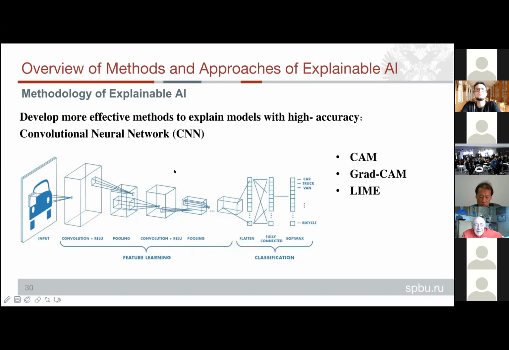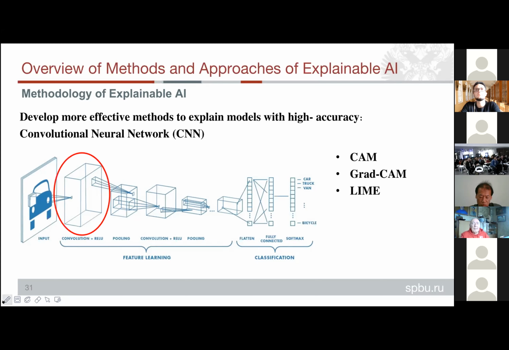Next is developing more effective methods to explain models with high accuracy. Neural networks are important to the development of artificial intelligence. Convolutional neural networks are widely used in various fields with extremely high accuracy. So it is necessary to develop methods for interpreting convolutional neural networks.